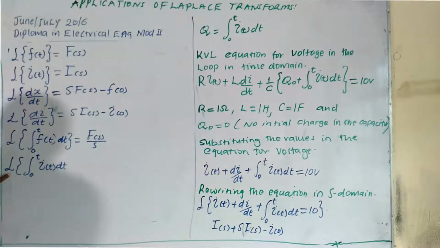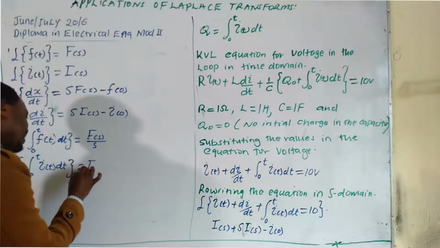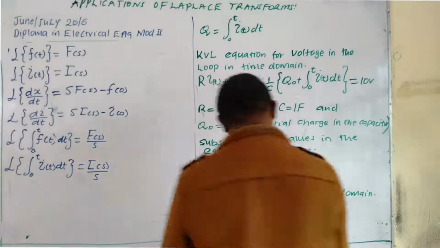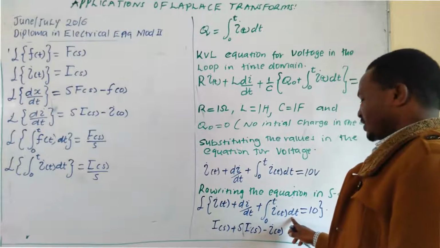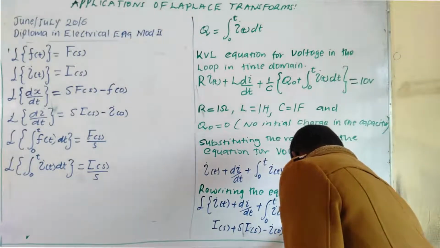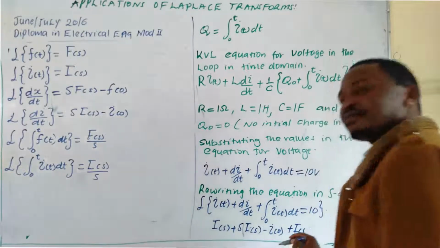Similarly, the Laplace transform of the integral of I of t with respect to t will be I(s) over s. So here, the integral from 0 to t of I of t with respect to t has the Laplace transform I(s) over s.